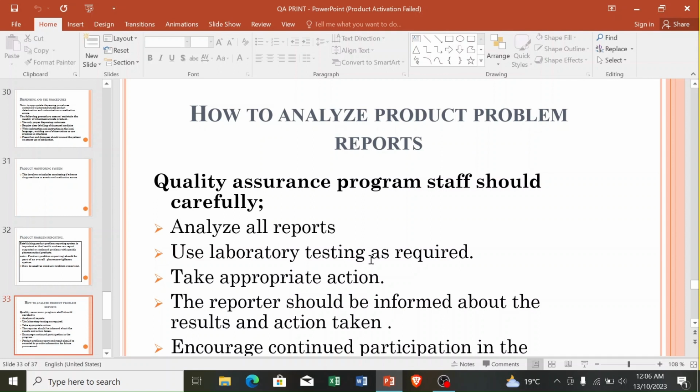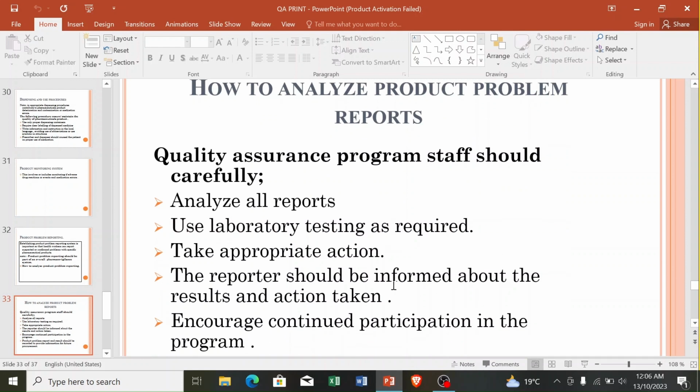Those are the different laboratory tests that you can carry out. Pharmacological laboratory tests or biological laboratory tests where you look out for microbial instability. And then after you have found out the problem, after you have done the testing, you take appropriate action depending on what problem you found out while you were testing.